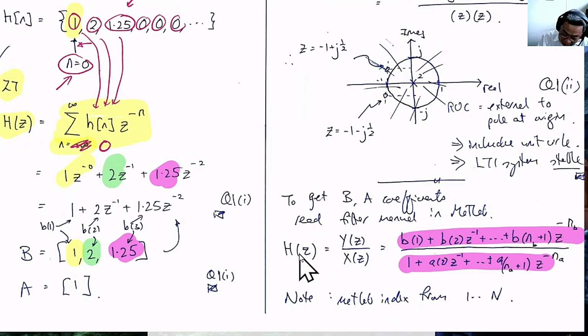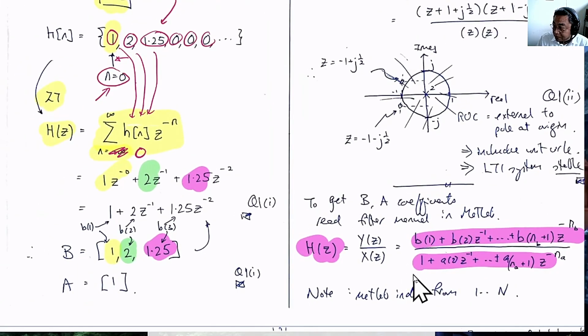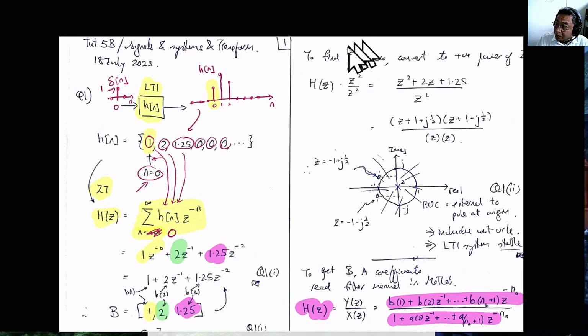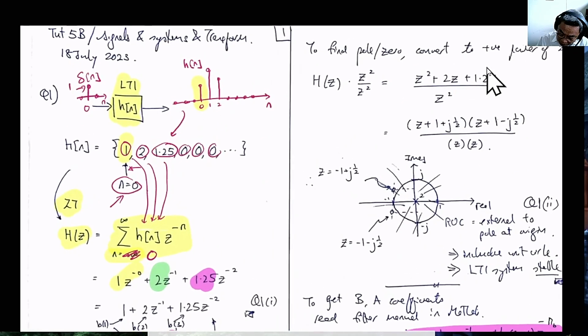Remember that H of z is Y of z divided by X of z, and if you write the equation of H of z, you only get the b coefficients and the a coefficient is 1, simply because our output has no feedback. Now we want to find the poles and zeros. What do we do?